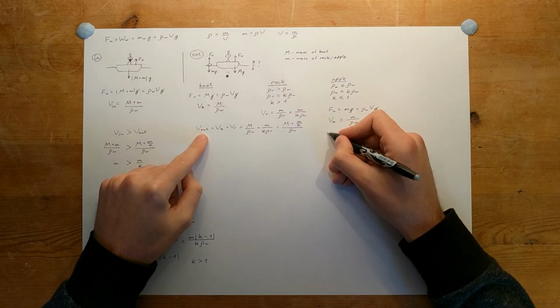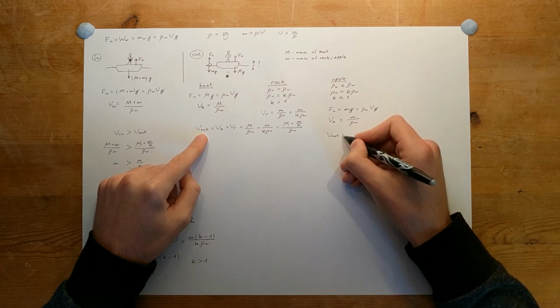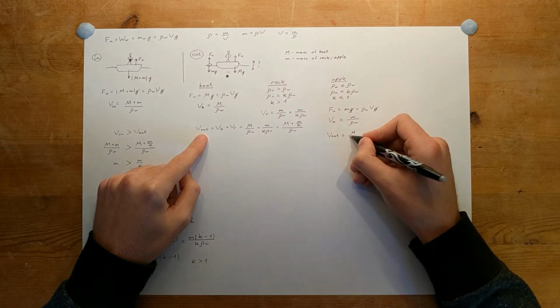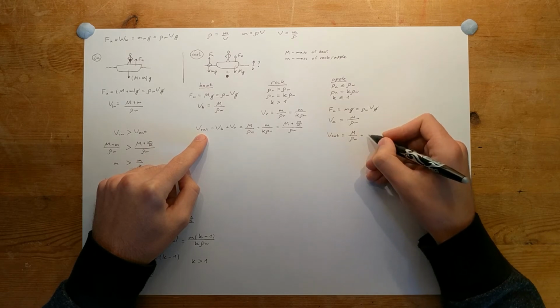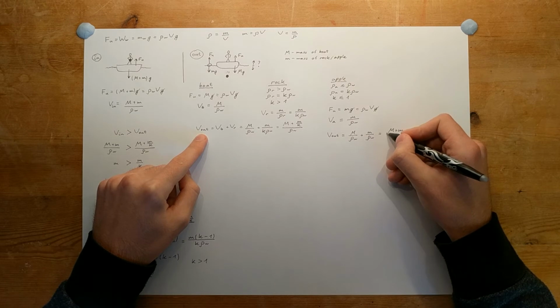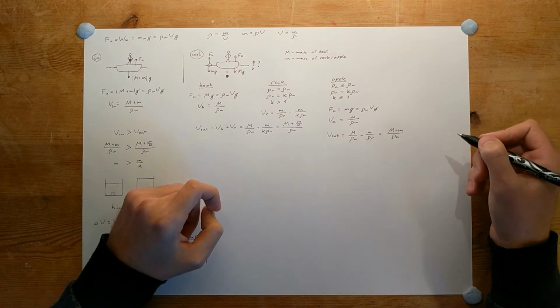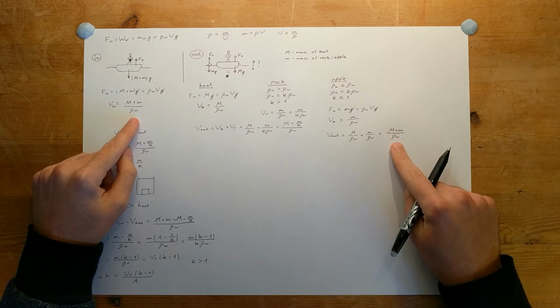So the total volume when an apple is outside is equal to the volume displaced by the boat plus the volume displaced by an apple. And this is the total mass over the density of the water, which is exactly the same as it was when an apple was inside.